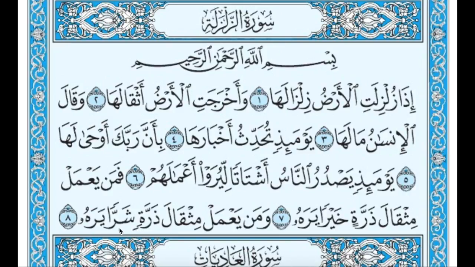Okay? So that's called ikhfa. And the tanween, as well as the noon sakina, right? The noon sakina is a noon without a vowel. They have 4 rules: idhar, ikhfa, idgham, and iqlab. So these are 2 of them. Here's idhar, you do pronounce it, dharratin khayran yara. And here is ikhfa, dharratin sharran yara.